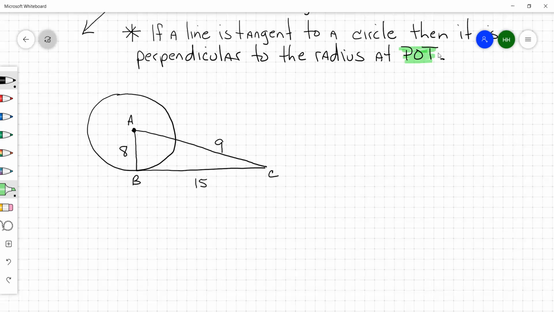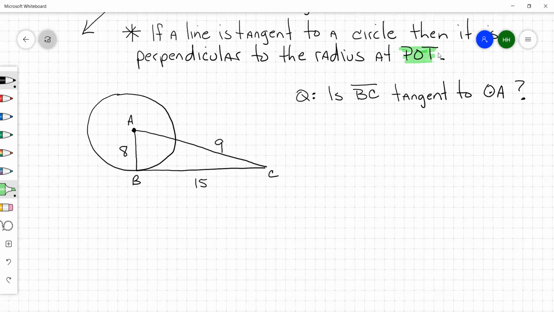The question is, is BC tangent to circle A?